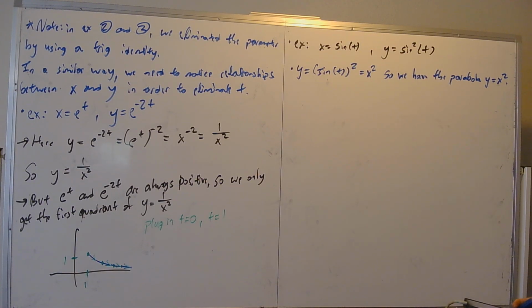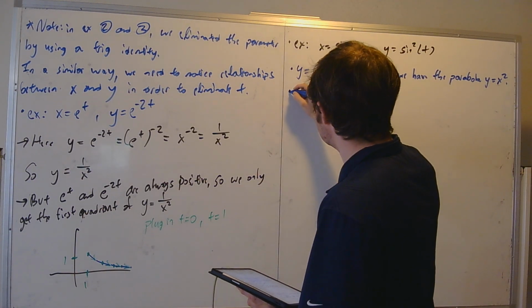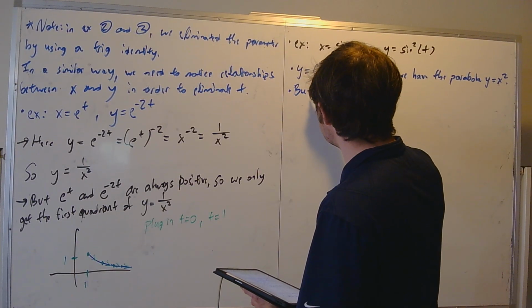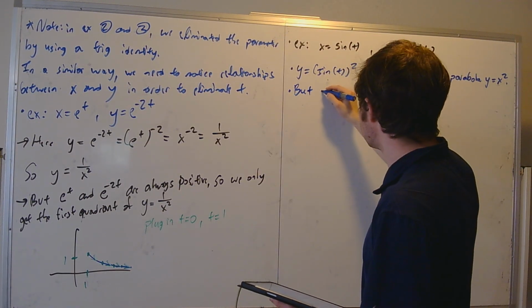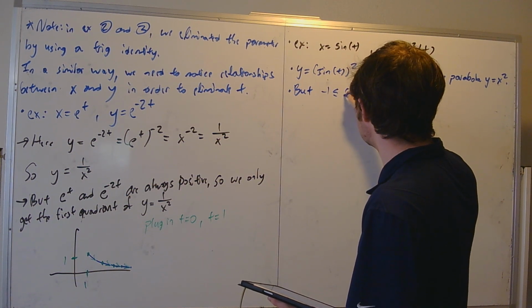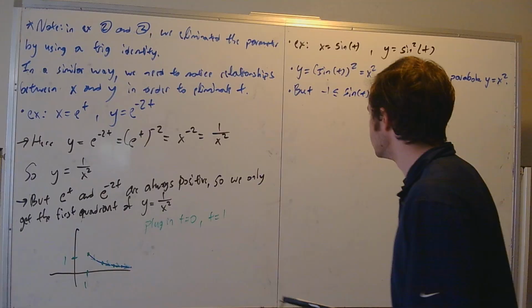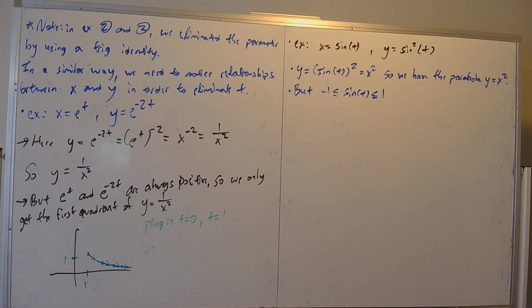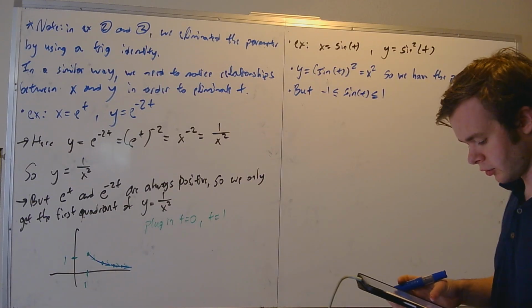Okay, and what I'll say here is, if we look at the x value, x is sine of t, and we know that sine of t is always between -1 and 1. Right? So if sine of t is always between -1 and 1, then the x values are always between -1 and 1.